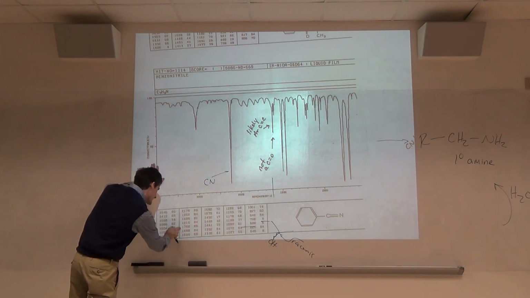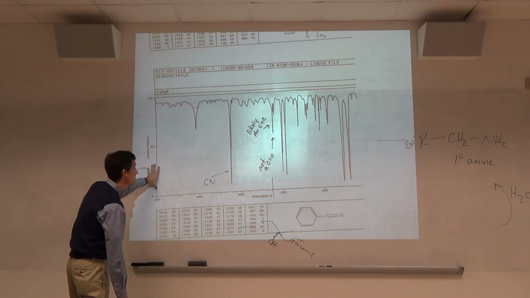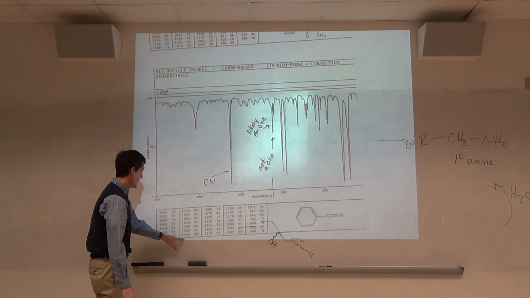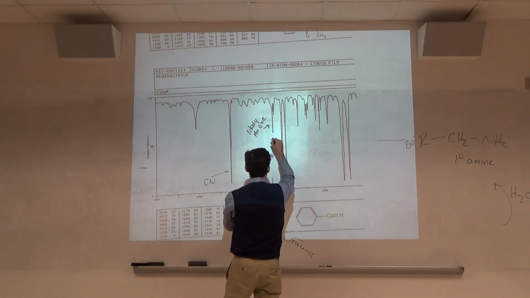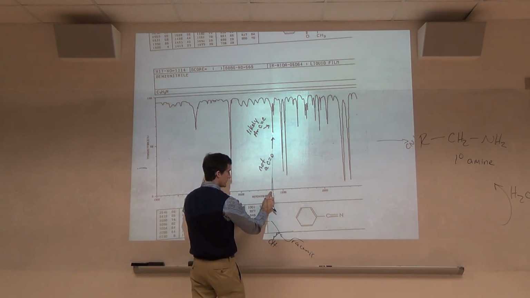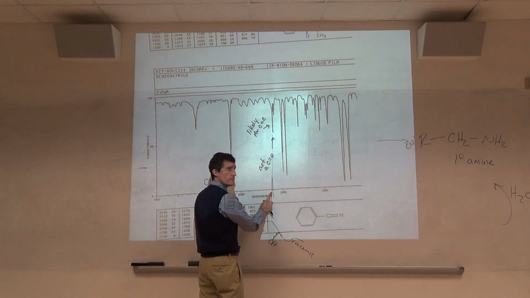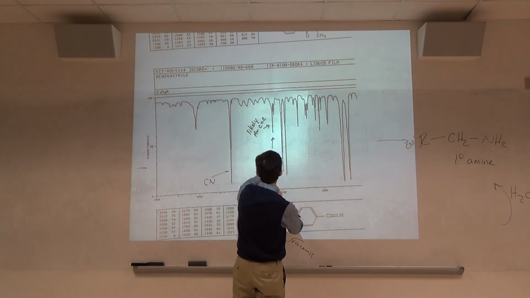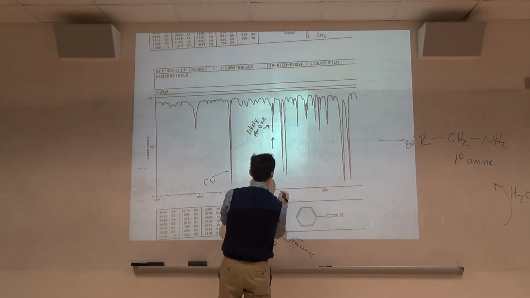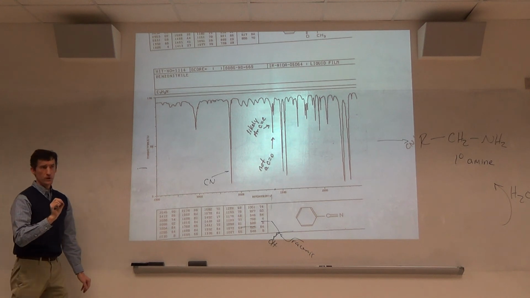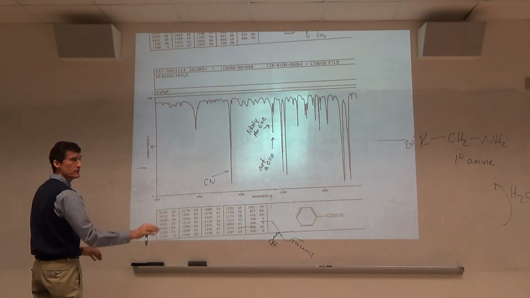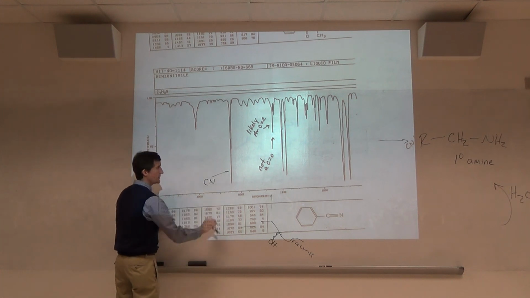I don't really see it here. This doesn't look quite right. It looks to me like it's about below 1650. 1599 would be right there. Well, it looks too low to be a carbonyl and too weak to be a carbonyl. Here's a cyano group.